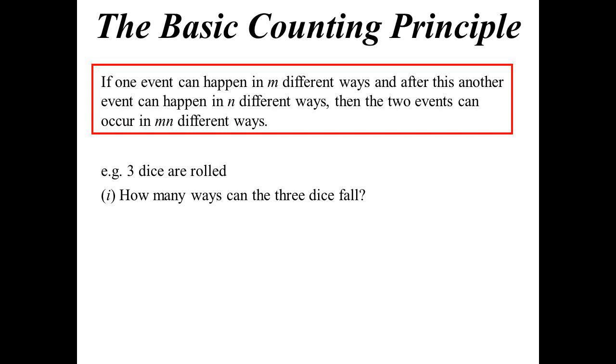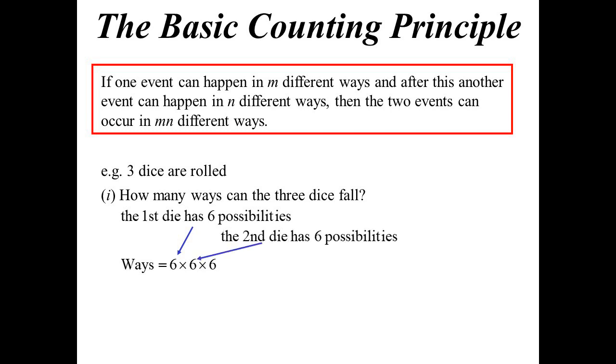So I don't want to write out the whole sample space, I'm just interested in how many things would be in it. So I go, well, it's got to be 6 times 6 times 6, because that first event, the first dice I'm rolling, there's 6 things that can happen. The second die, there's 6 things that can happen. The third one, there's 6 things that can happen. 6 times 6 times 6.